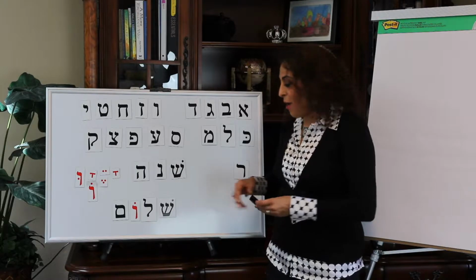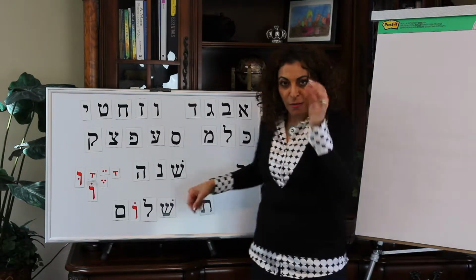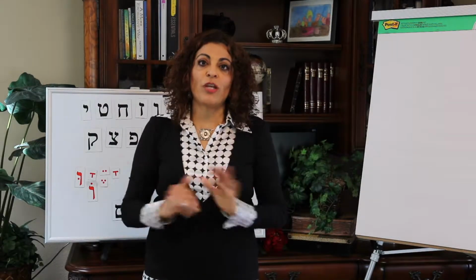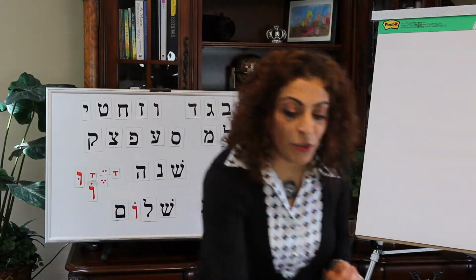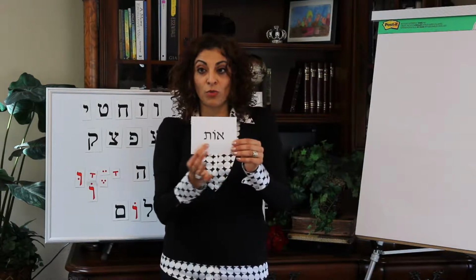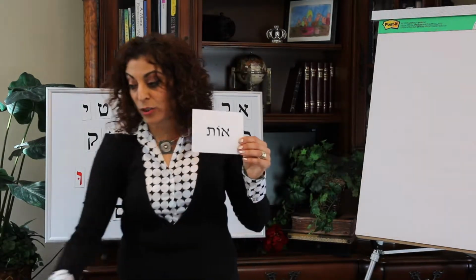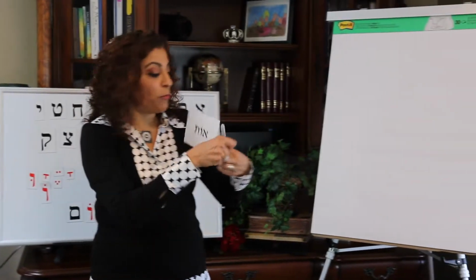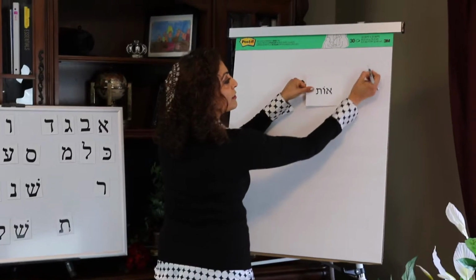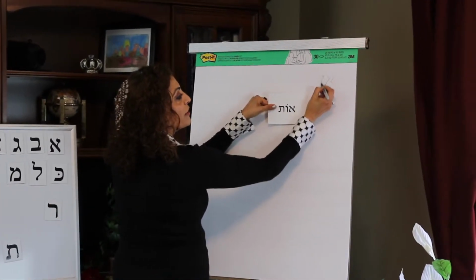Now, I want to take a step backwards a little bit and talk about the letters in general. What does letter mean? The word for a letter is this one, ot. And I'm going to write it on this whiteboard. I'm just copying this, and I'm doing it not as fancy.